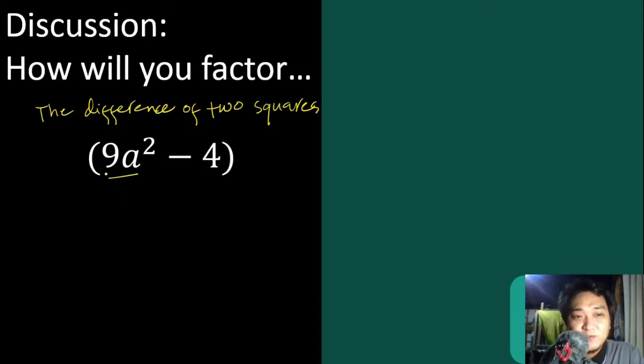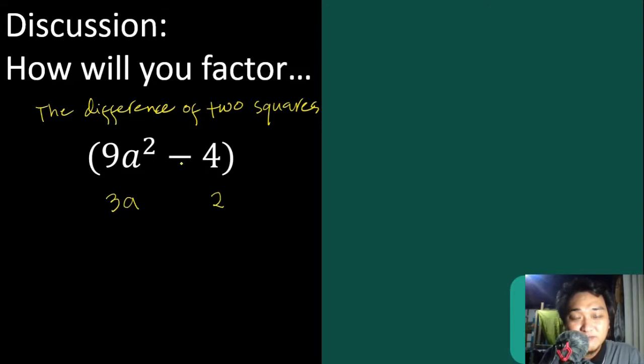So, what will be the square root of 9? The square root of 9 is 3. What will be the square root of a squared? The square root of a squared is a. And what will be the square root of 4? The square root of 4 is 2.